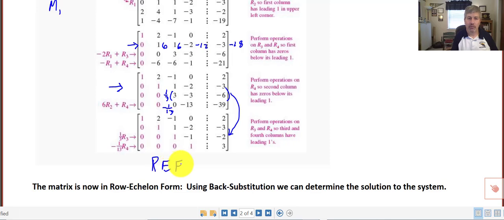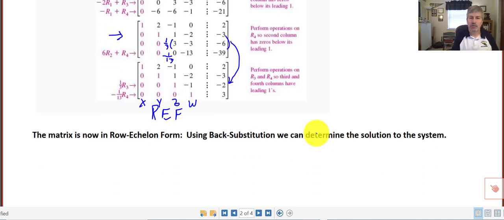We've got all these 0s and 1s. Our variables are x, y, z, and w, and then our constant. So we can use back substitution here to create the solution to our system. We know that w is equal to 3.